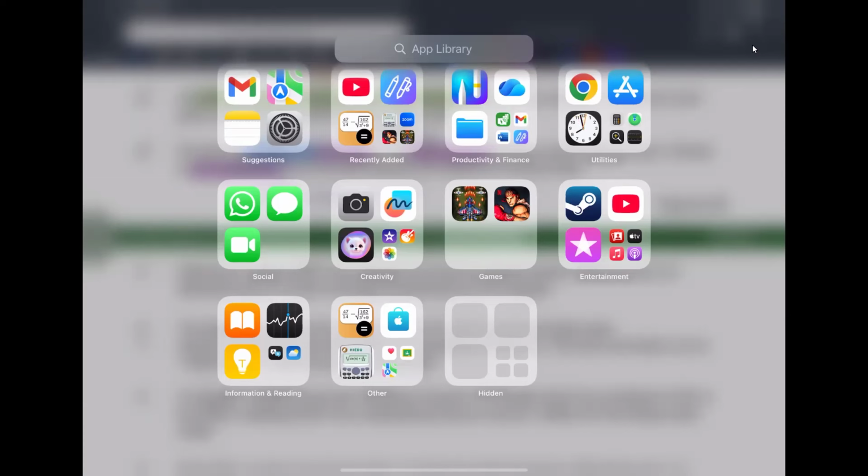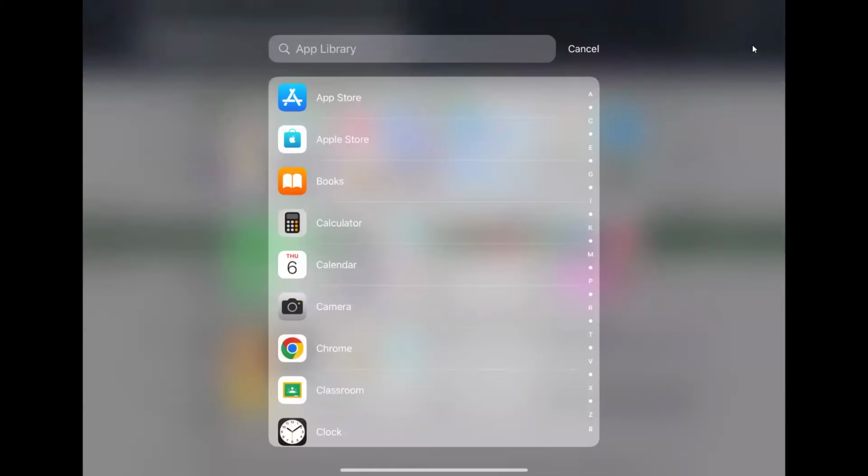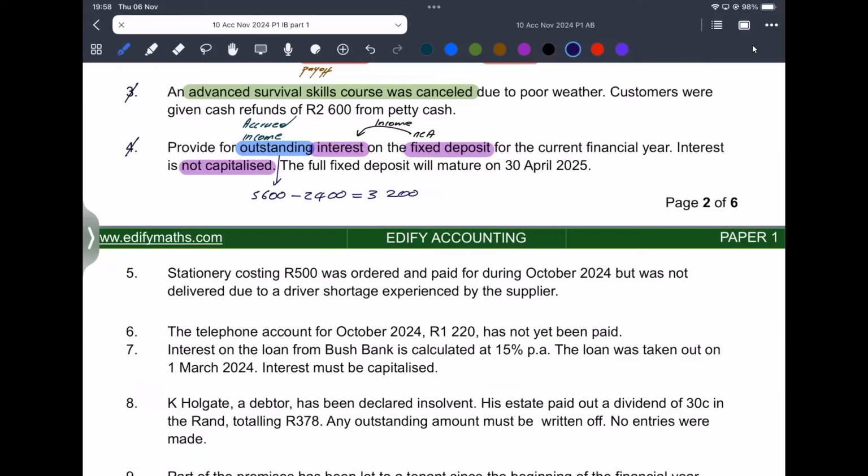And this summary shows you how you deal with such things. In essence, when we have paid for an expense like stationery and it was not delivered to us, that can be stationery, packing material, consumable stores, cleaning material, all the expenses or all the stock we buy, not to sell, but to use within the business.